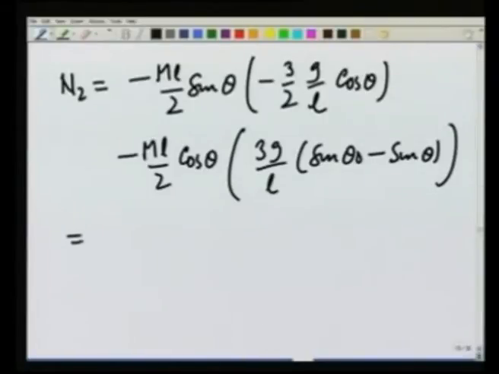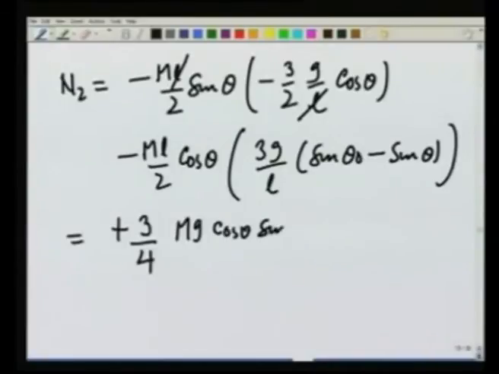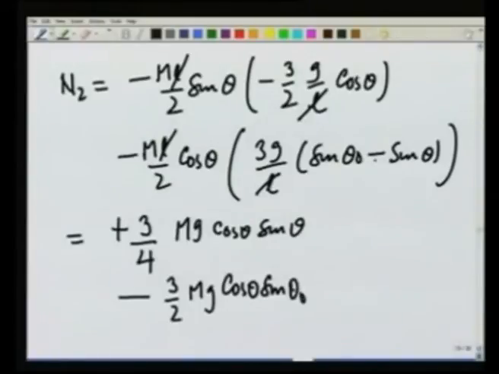So, this gives me, this L cancels, minus minus plus 3 over 4 m g cos theta sin theta, minus this L also cancels, 3 over 2 m g cos theta sin theta 0, minus minus plus 3 over 2 m g cos theta sin theta.